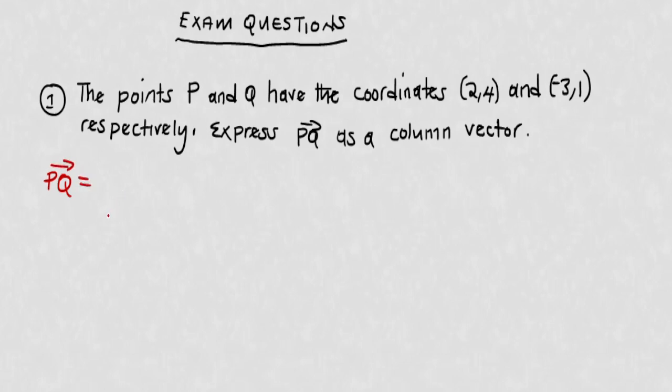So this is what you're supposed to do. Basically for PQ, you start from the origin, O. So from O to Q, you start with the second point that comes, which is Q. So the vector OQ minus the vector OP.